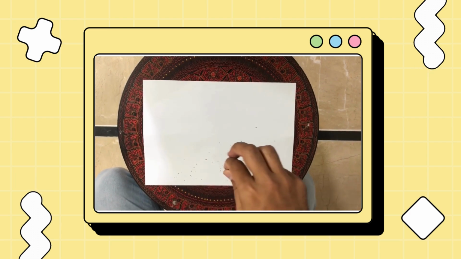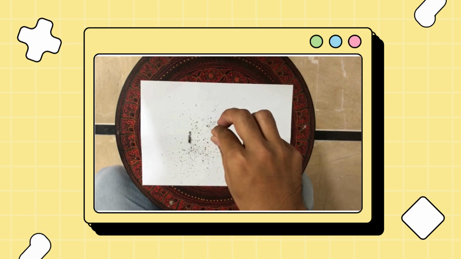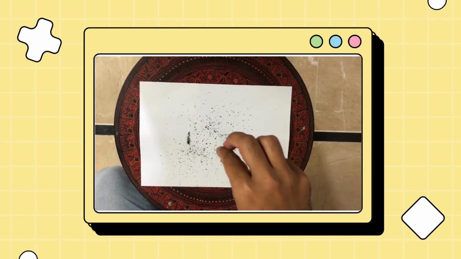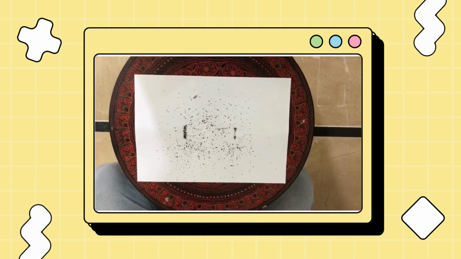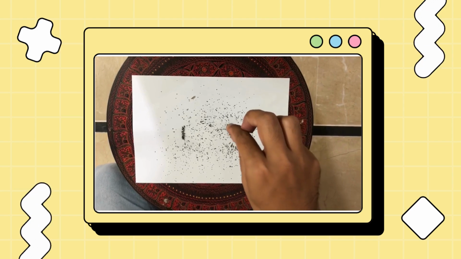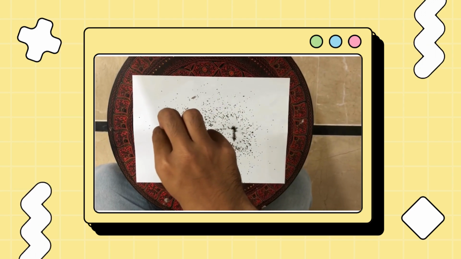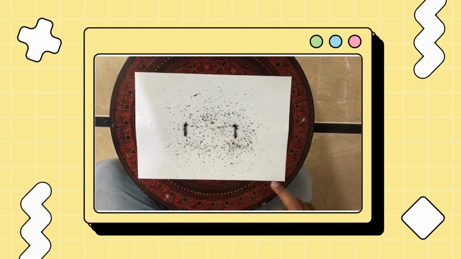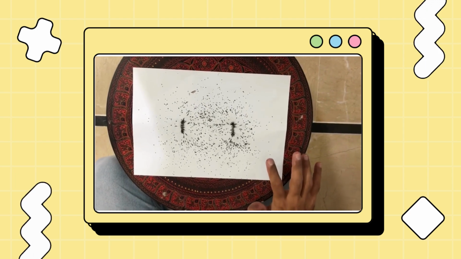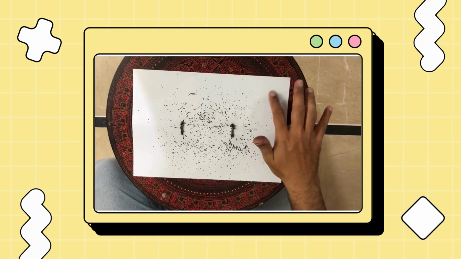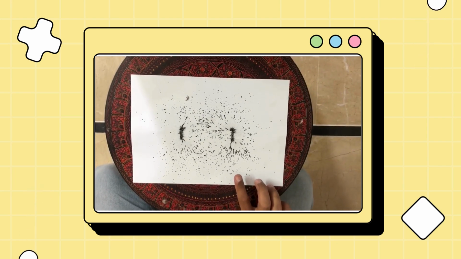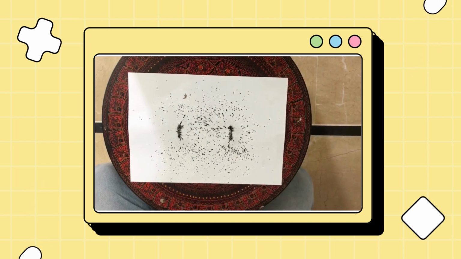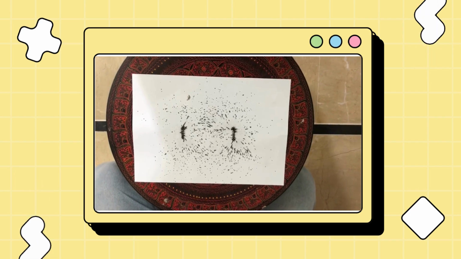Sprinkle some iron filings on top of the paper. Can you see a pattern emerging?